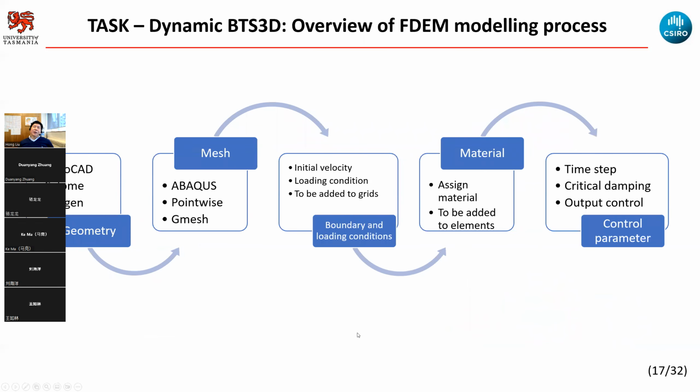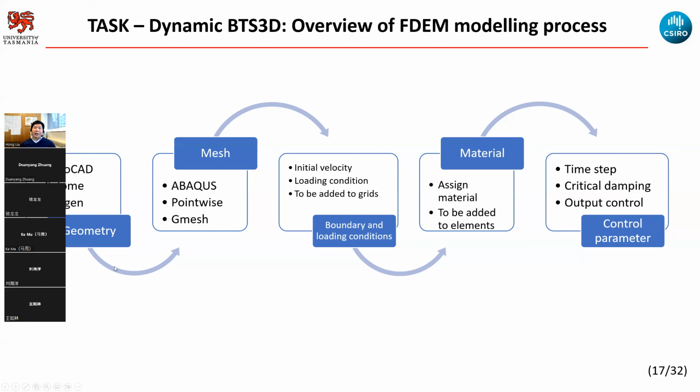Okay, so to do the modeling, the steps are the same as what we introduced before. We firstly need to build the geometric model, then we build the mesh model, then we give the boundary and loading conditions, then give the material property, then give the control parameters. I think that's the same for all of the previous tutorials.